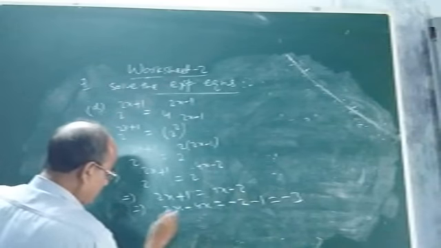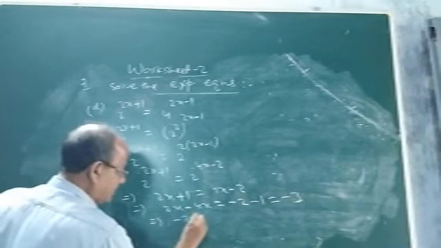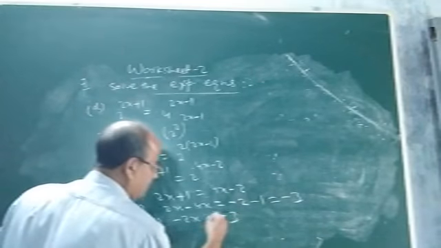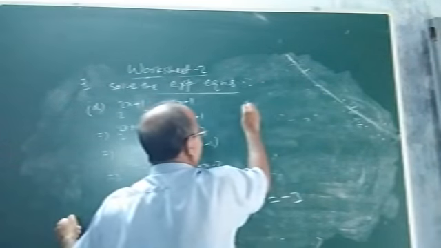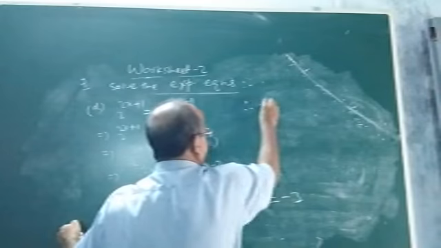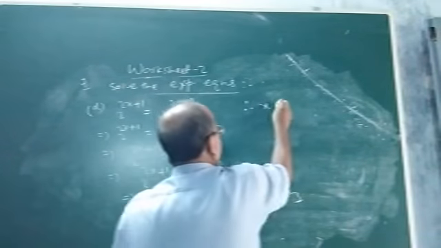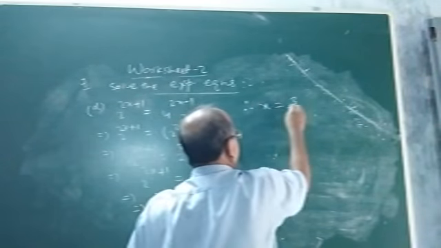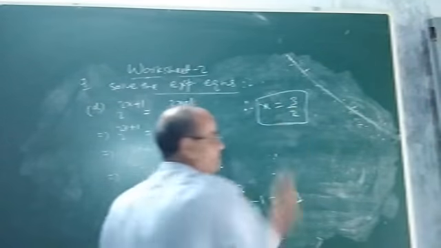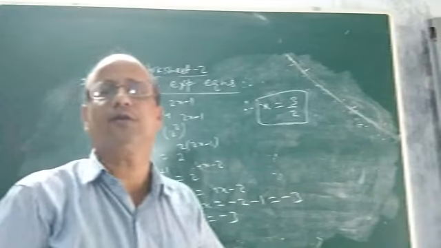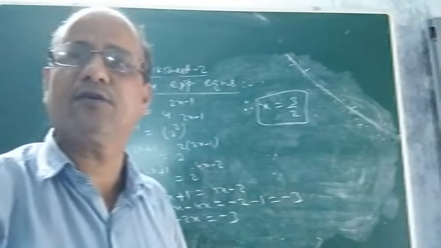So 2x minus 4x is minus 2x and it will be minus 3. Therefore x will be equal to 3 by 2. So this will be the solution of the given exponential equation which will satisfy.